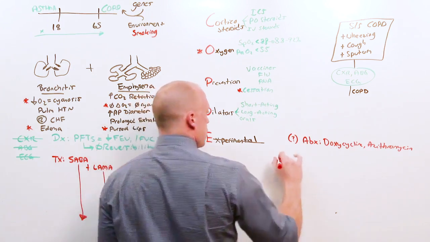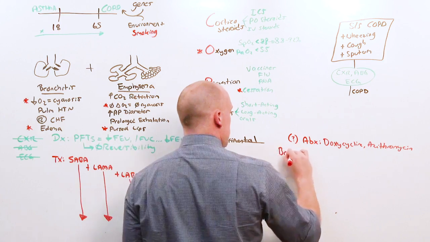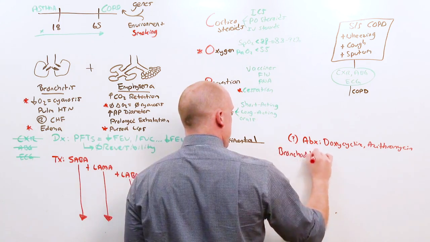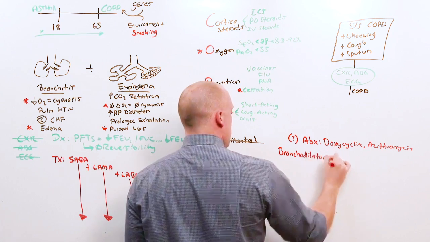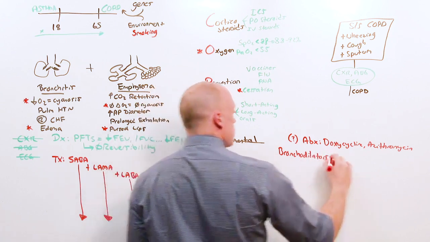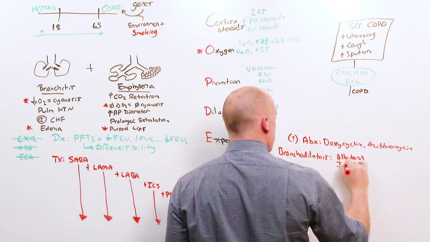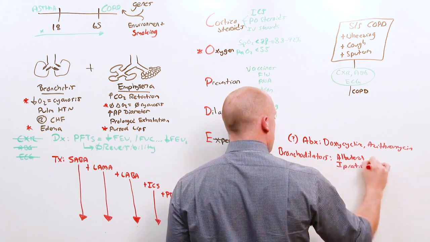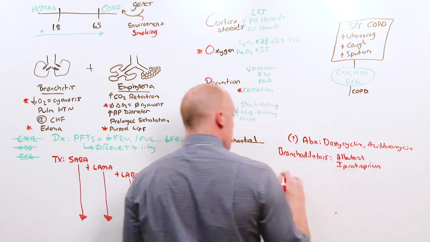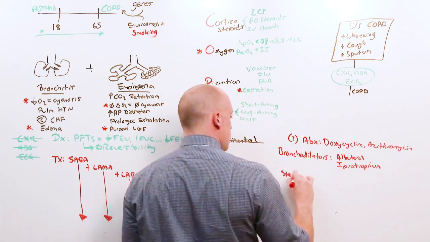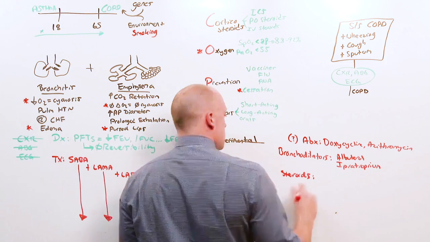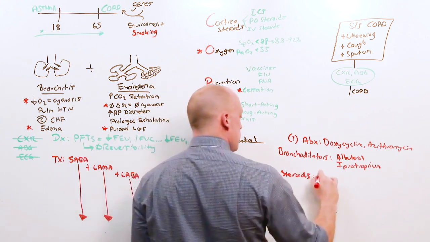What everyone needs are bronchodilators. In the case of a COPD exacerbation, that's going to be done with albuterol and ipratropium. And everybody needs steroids. And steroids come in one of two forms.